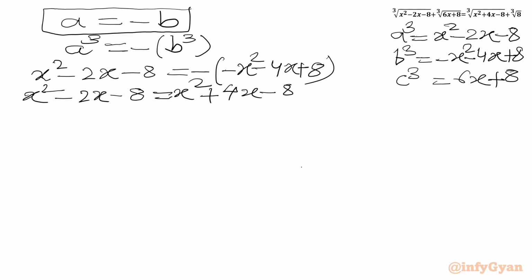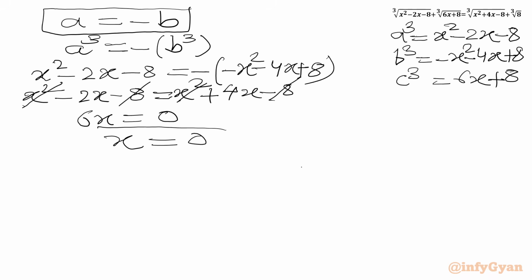Now we will add 8 to both sides. We will subtract x square from both the sides. So there will be minus 2x in LHS, 4x in RHS. We will take all the terms to RHS and write 6x equal to 0. So from here we have our first real solution, x equal to 0.